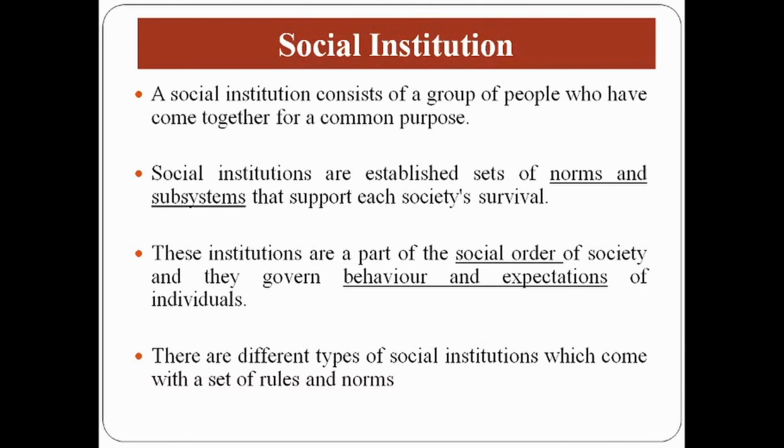These institutions are part of the social order of the society and they govern the behavior and expectations of individuals. There are different types of social institutions which come within a set of rules and norms.